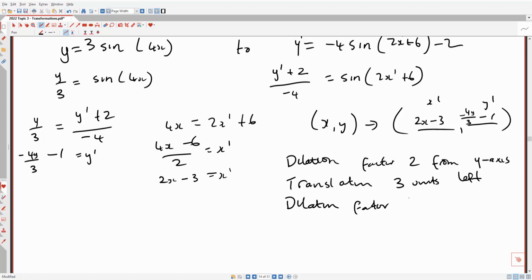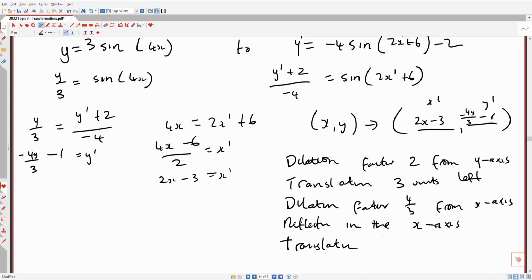It's being multiplied by 4/3, so 4/3 from x-axis, negative sign, reflection in the x-axis, negates y, and this is 1 unit down. Translation 1 unit down. And we're done.